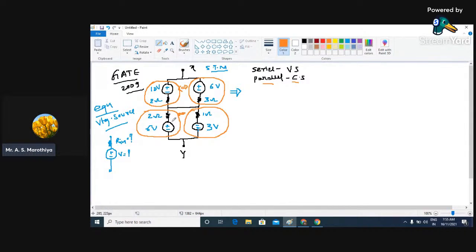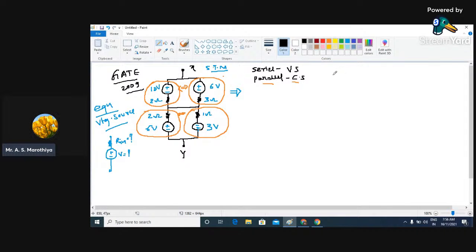So we need to apply the concept of source transformation technique to convert these voltage sources into their equivalent current sources, and then we need to find their resultant. So by applying source transformation technique, I can draw this circuit like this. So I'm directly applying that logic.